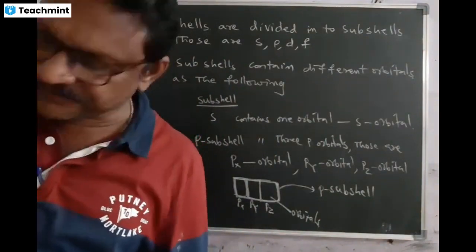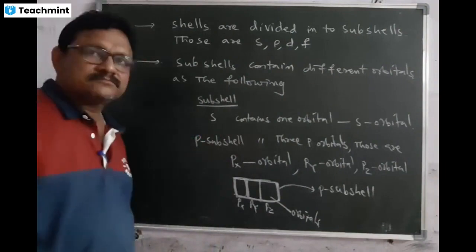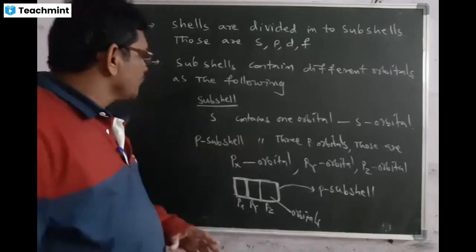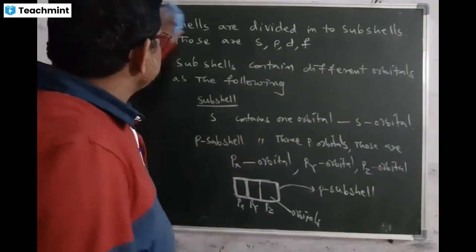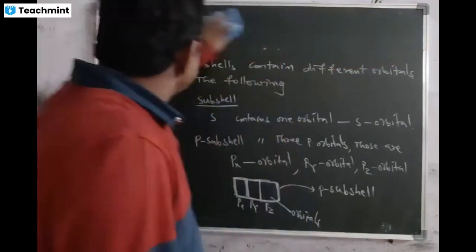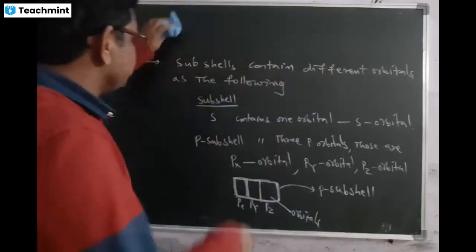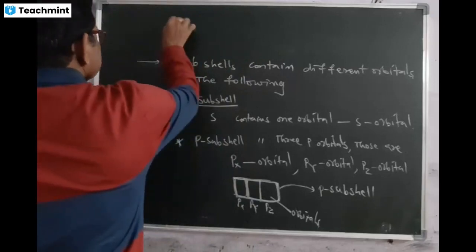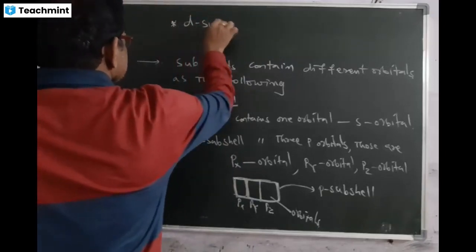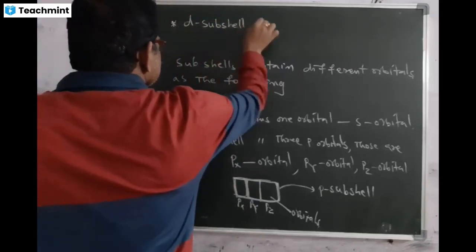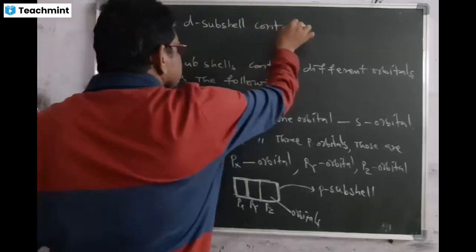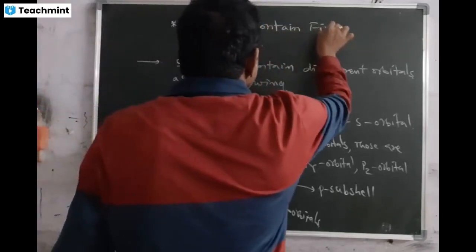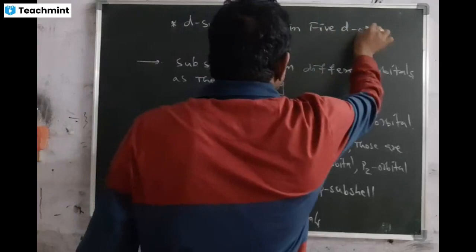Have you understood? Okay, then in the same way, D subcell, write down. D subcell contains 5 d orbitals.